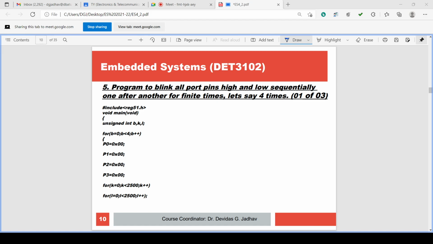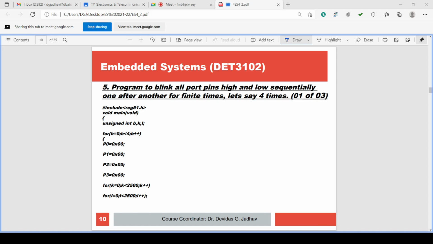For how many times? Finite times, let us say 4 times. So blinking is there one after the other sequentially, and this operation is done 4 times.